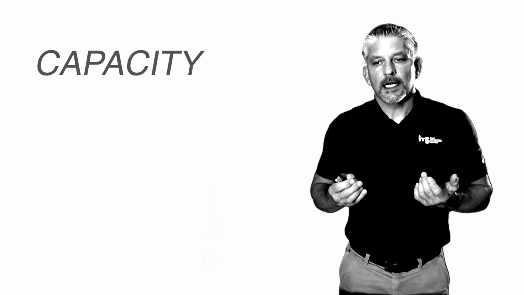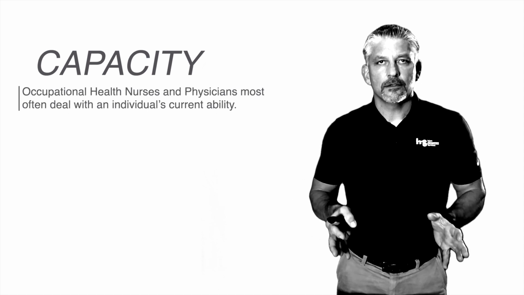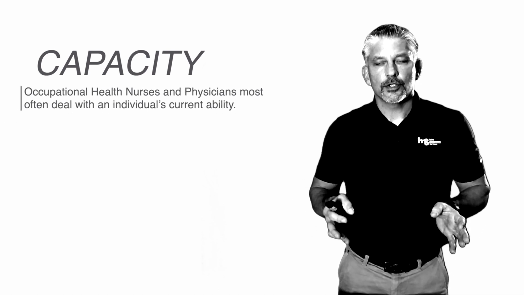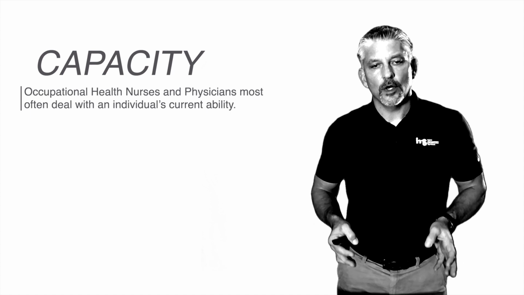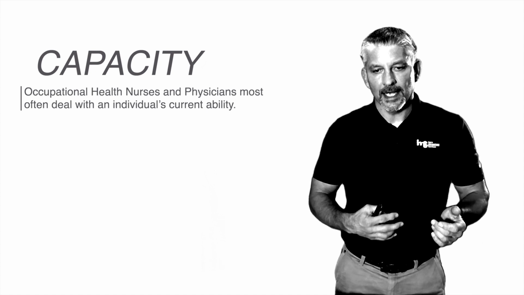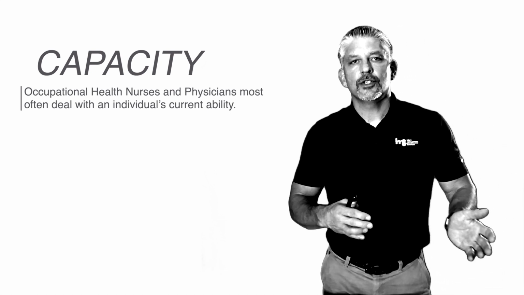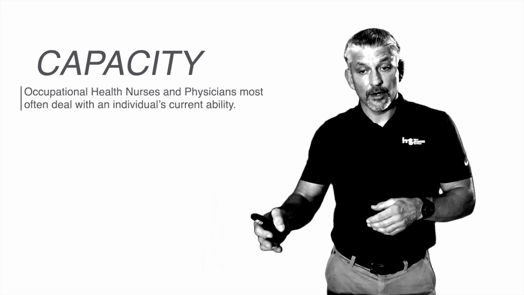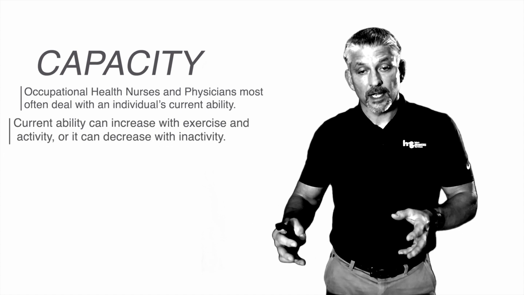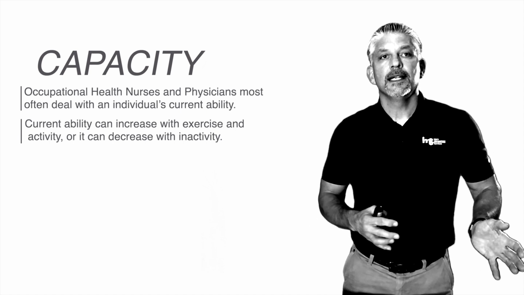What occupational health nurses, physicians, vocational rehab are all interested in is a person's current ability. What can they do at the time? Capacity is fluid in that you can get deconditioned from being off work. Your condition can be improved through returning to work or through programs like work conditioning. So capacity or current ability can increase.